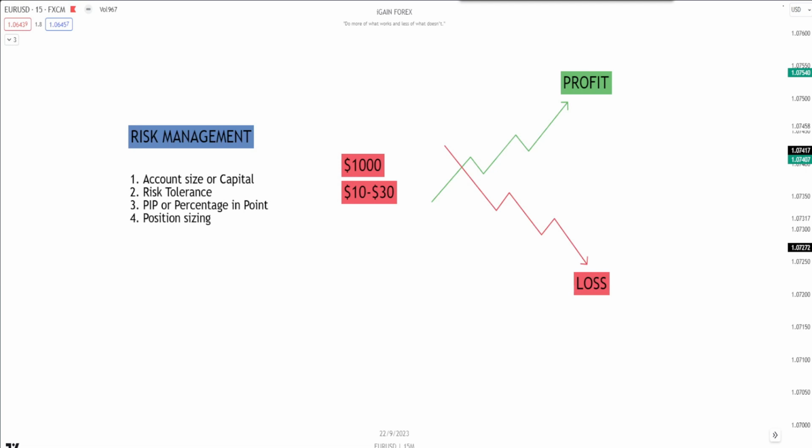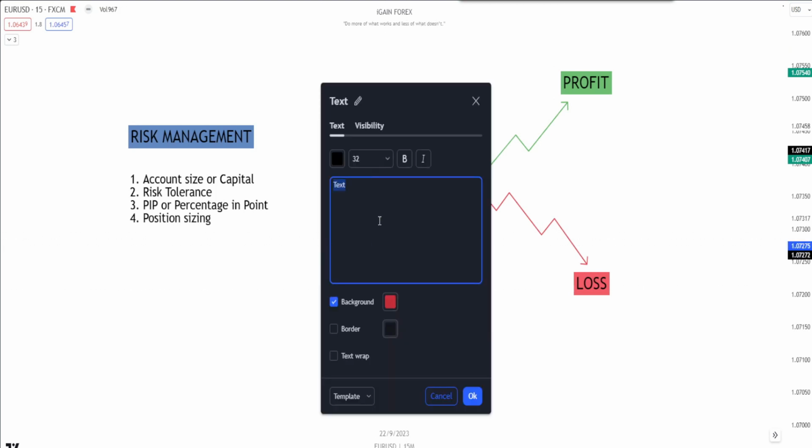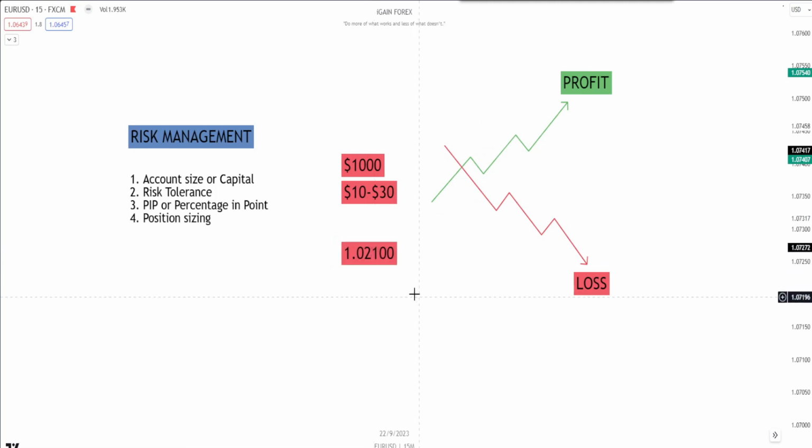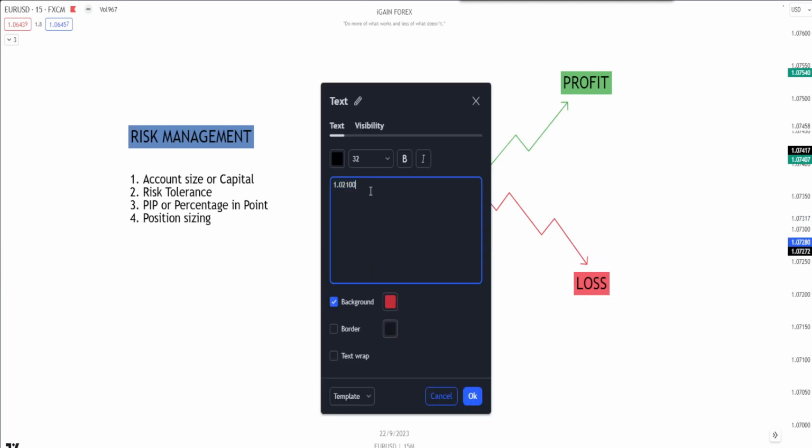So let's have an example. For example, my favorite pair, EUR/USD. Say the price of EUR/USD is 1.0210. This is just an example only.